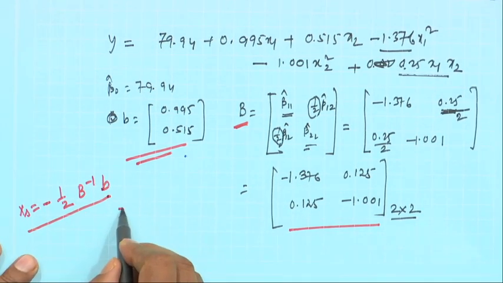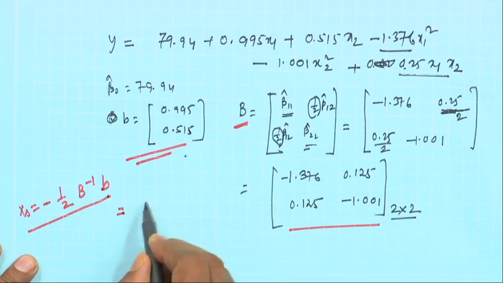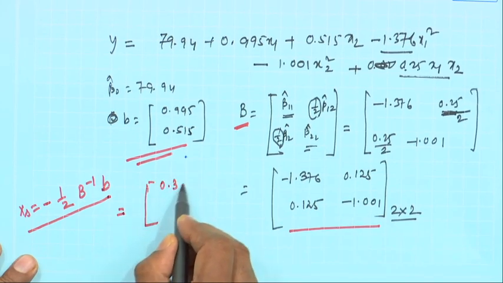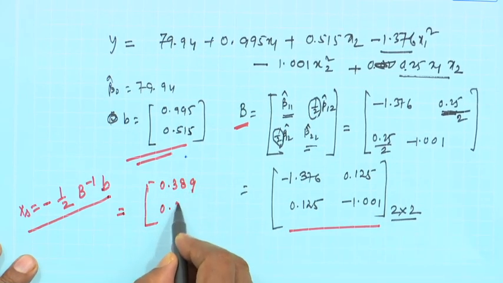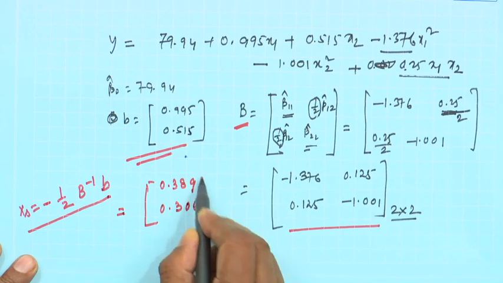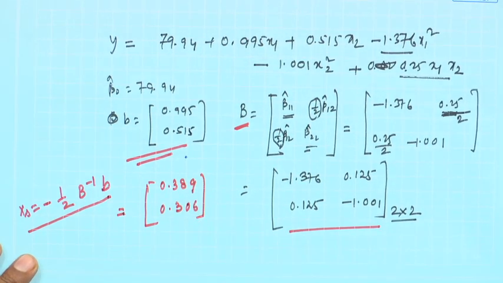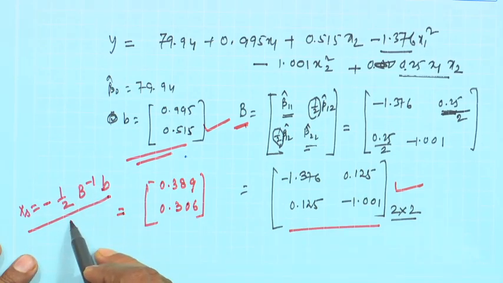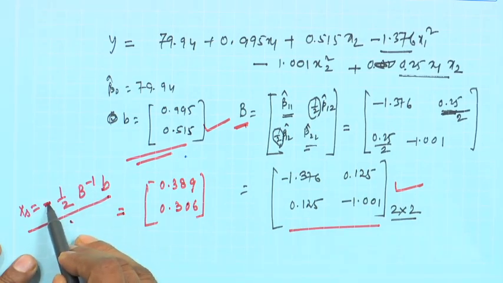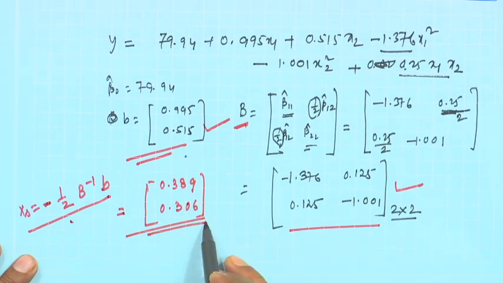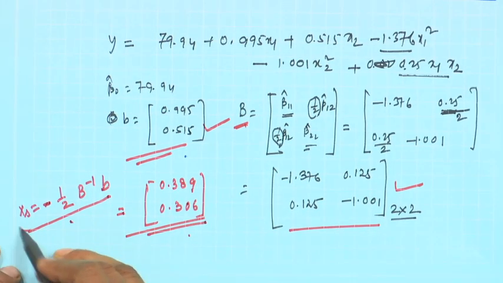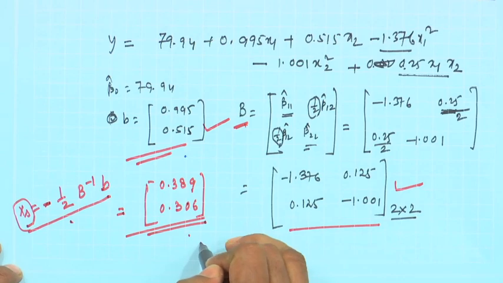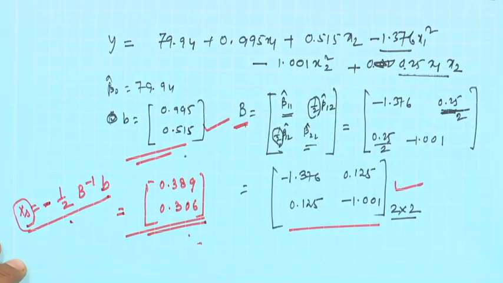So, this value when you compute, it will become 0.389 and 0.306. So, b is this, capital B is this, you find out the inverse of it, multiply, divide by half, use the minus symbol, and then you will be getting this. So, that means this is the point Xs, this is the stationary point in terms of design variables.